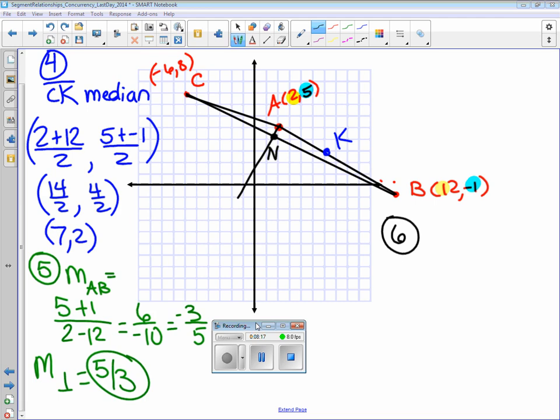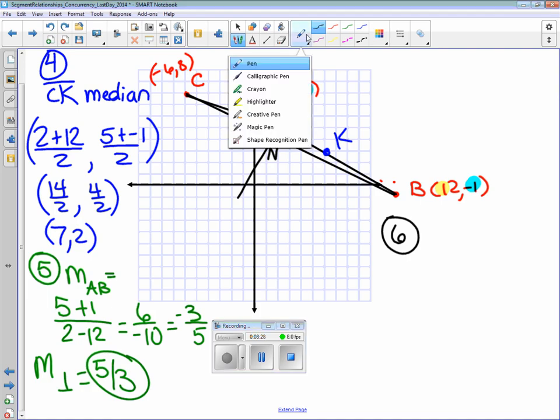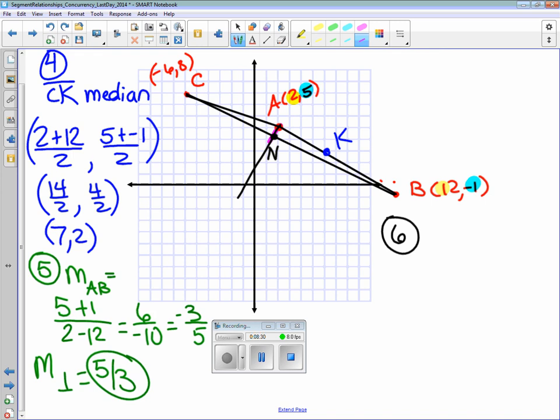You need to find the slope and see if it's perpendicular to the line BC. So I want this line here to be perpendicular to this line here. Would you agree with that? If they're perpendicular, isn't that an altitude? So let's find those two slopes.